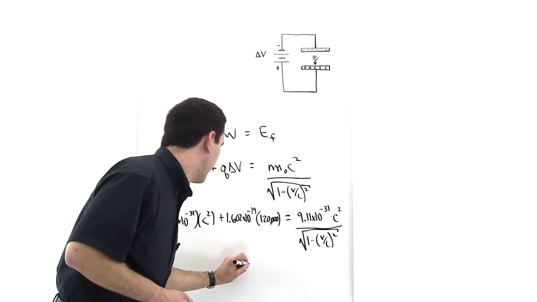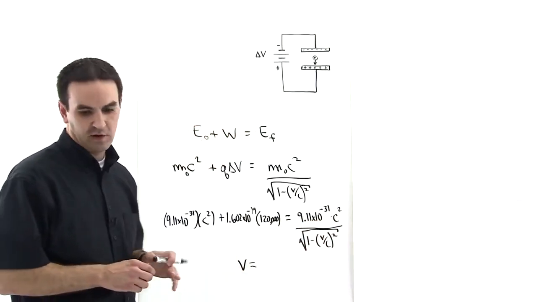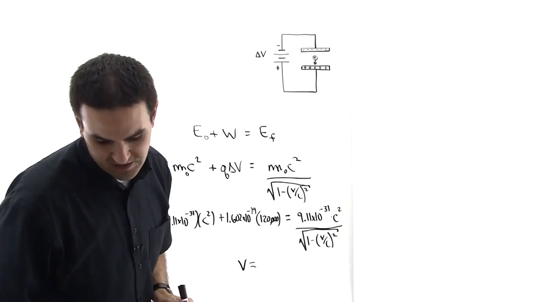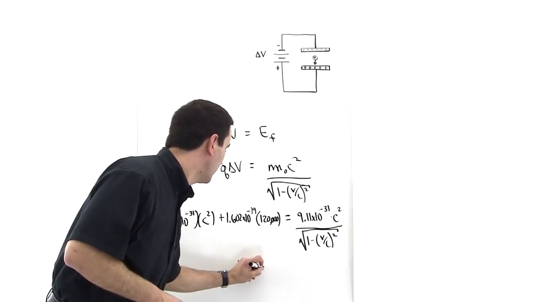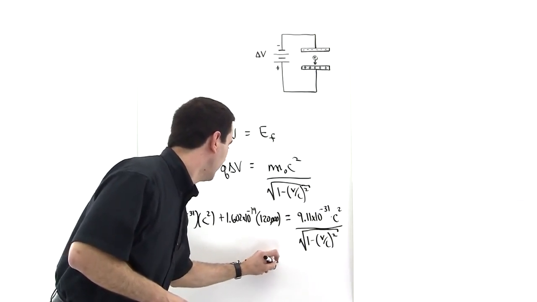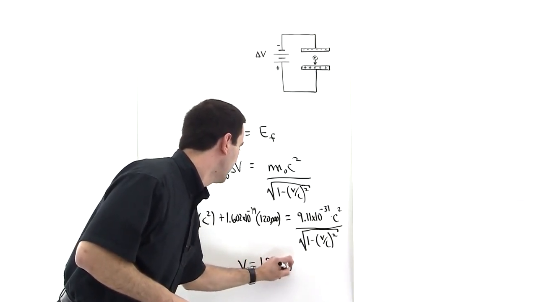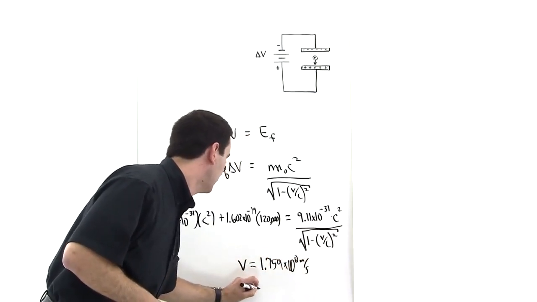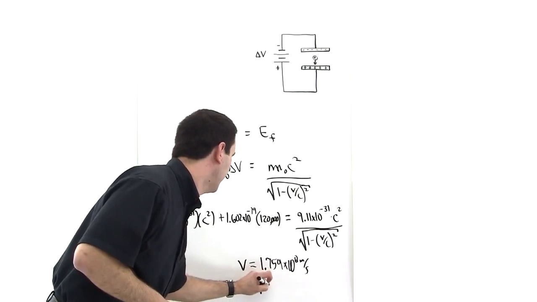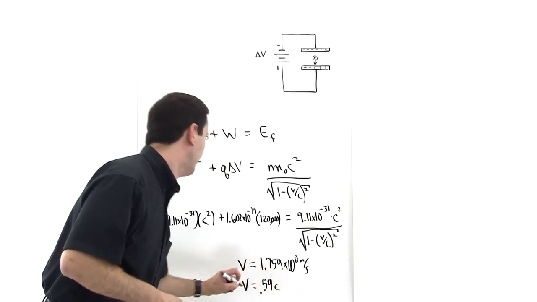Okay, so I used a numerical technique to solve for the velocity here, and I achieved 1.759 times 10 to the 8th meters per second, and this is equal to about 59% of the speed of light. Okay?